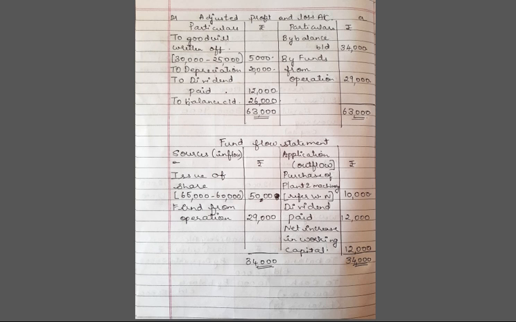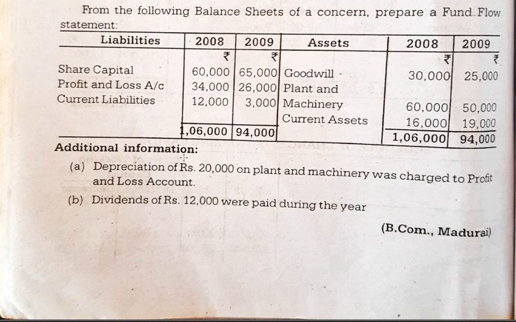After that you have to go through the problem and find out if there is anything other than funds from operation, like non-operating expenses. Other than raw materials, labor and production expenses, any other expenses involved are called non-operating expenses. If there are non-operating expenses, you write them on the debit side.